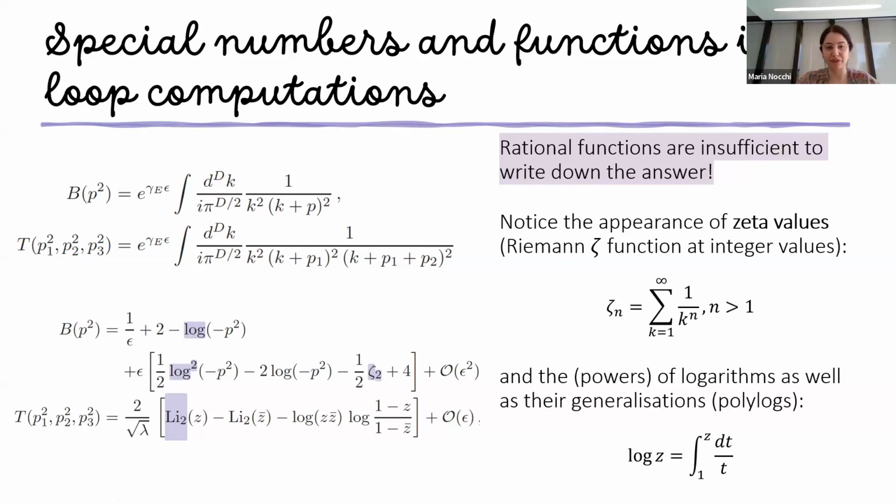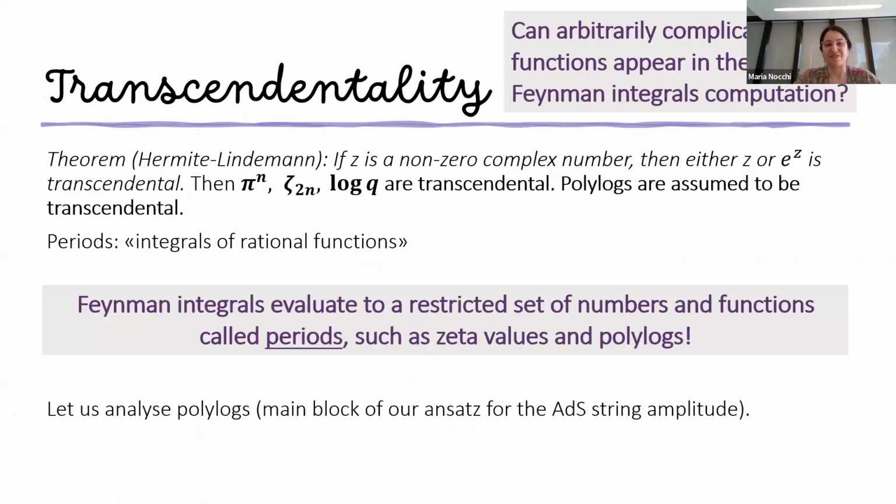So from the very first analysis of this kind of loop integrals, there are special numbers and functions in loop computations. So the first question that one can ask is whether arbitrarily complicated functions can appear in Feynman integral computations.